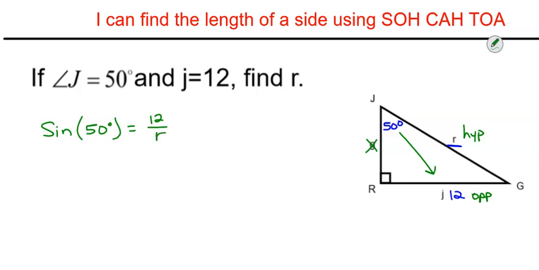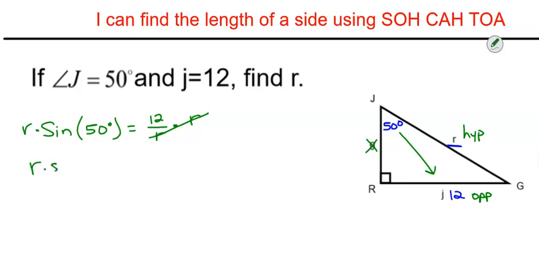Now it's just an algebra problem. Sine of 50 is just a number. 12 is obviously a number, R is a variable. So it's just an equation with one variable, and we need to get R by itself. To do that, what I always tell students when you're just getting used to these and not taking any shortcuts is to multiply by the denominator. If we don't like fractions and want to get rid of them, multiply both sides by R. That will get rid of your fraction.